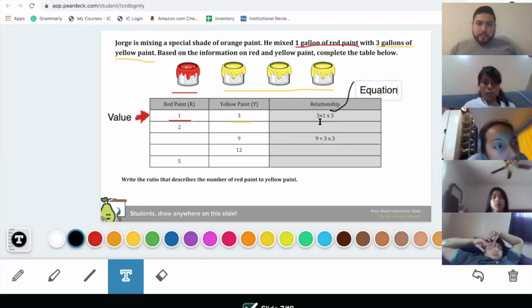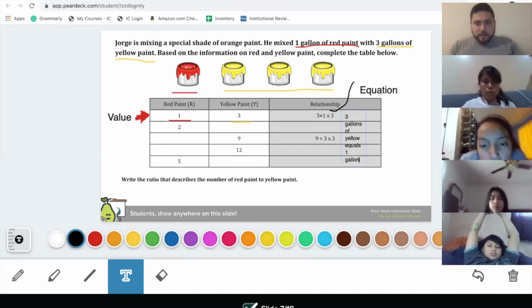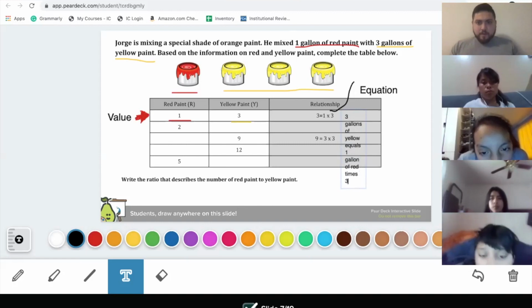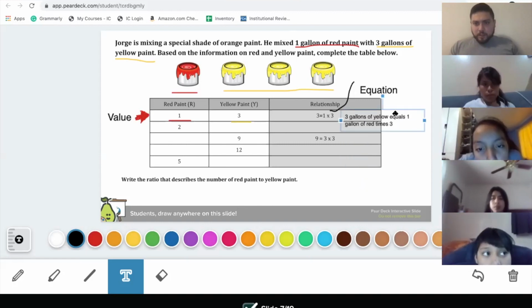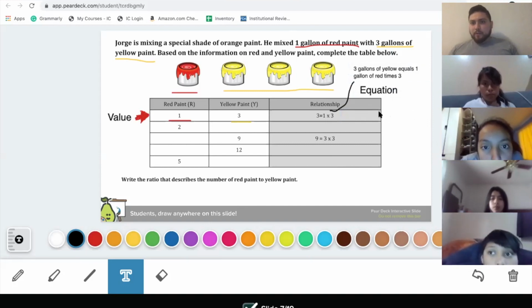And if we look at this, this translates to, this means 3 gallons of yellow equals 1 gallon of red times 3. So this equation is telling us 3 gallons of yellow equals 1 gallon of red times 3.